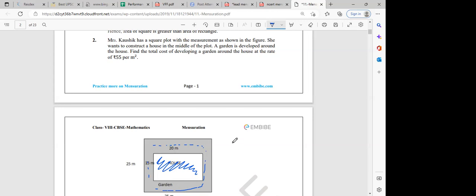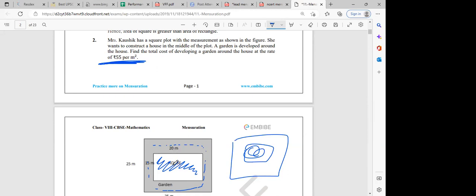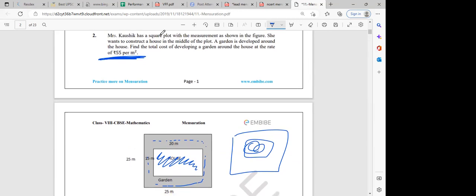So how will you do this? First, you will find the area of the bigger square, and then you will subtract this one. You will get this. Clear? Then you have to find the cost. 20 and 15 are the length and breadth of the inner rectangle, and 25 and 25 for the square. Okay, ma'am.